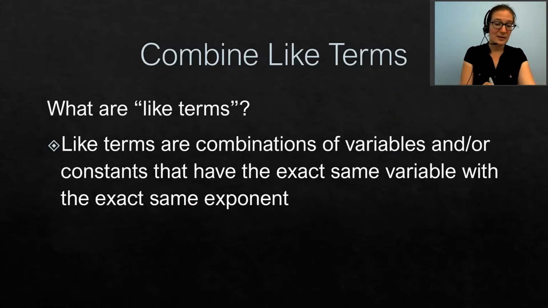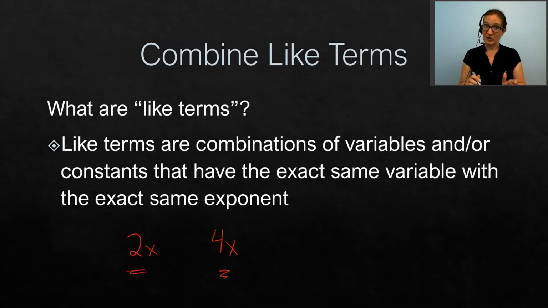If I have something that looks like 2x, right? I've got a letter, I've got a number. What about 4x? Different numbers, but the same letters. So it's the letter, the variable, that is the important part that has to be the same. In this case, they both have x's. So that means that 2x and 4x are like terms.